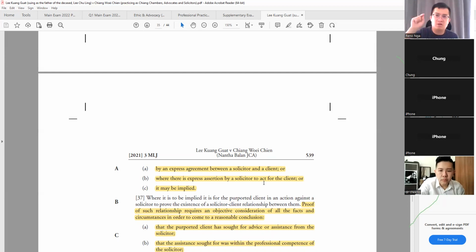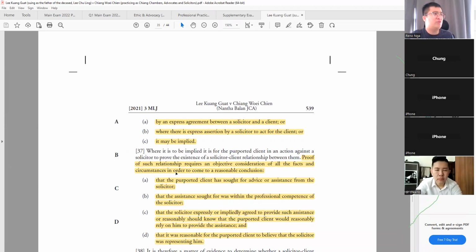Let's say today I say, Dr. Chi, I help you, I defend for you, I say so. Then number 2 will apply, the relationship is established. Number 2 may be implied. So like I say, we never expressly say so. However, by conduct, the court says that is an implied retainer. You are his lawyer.